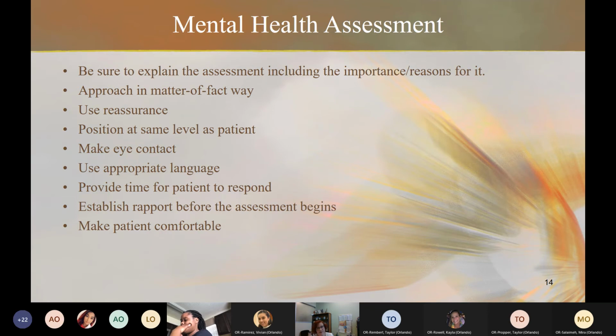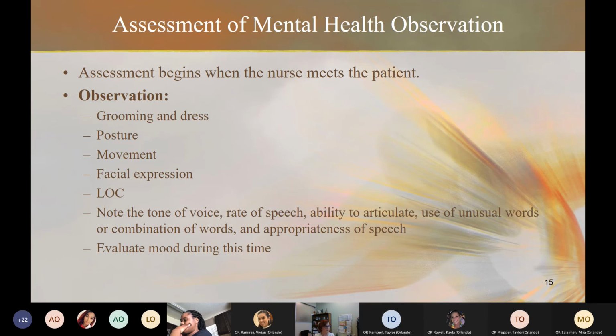So assessment begins when we first meet the patient. Here are some things that you're going to note. Are they dressed? How are they dressed? Are their clothes clean? Is their hair combed? Is it fixed? How are they standing? Are they all slumped over?